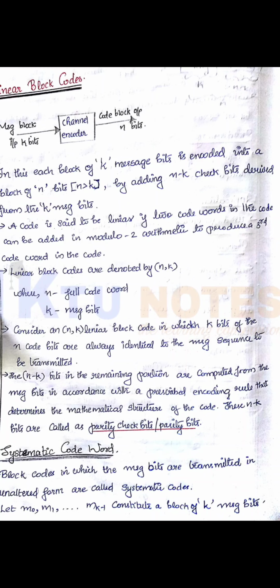The remaining n minus k bits are computed from the message bits themselves in accordance with the prescribed encoding rule that determines the mathematical structure of the code. Thus the n minus k bits are called parity check bits or parity bits.